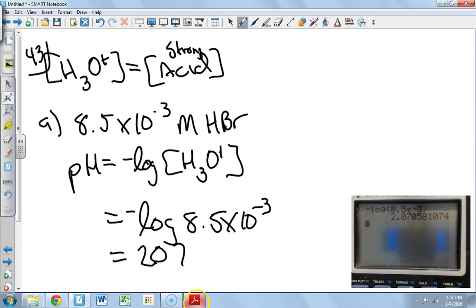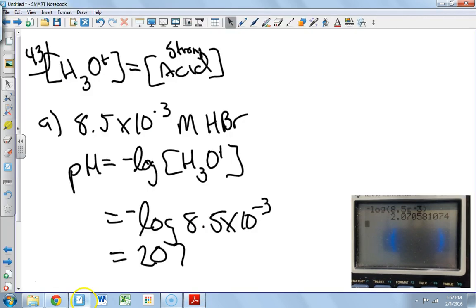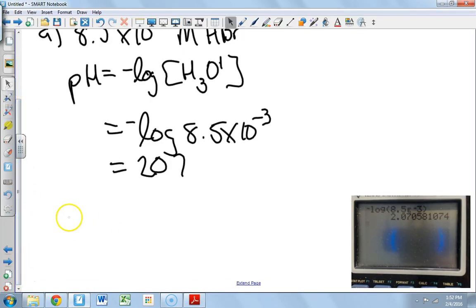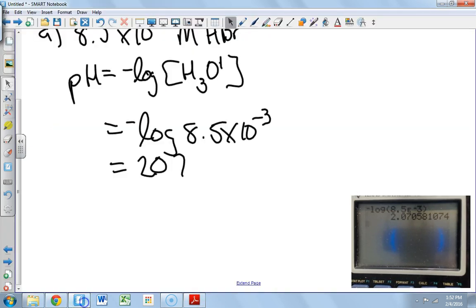Okay, so part B, now we're in grams. 1.52 grams in 575 milliliters.